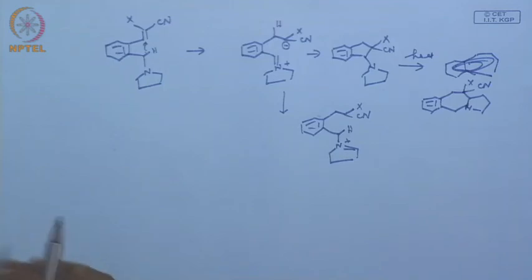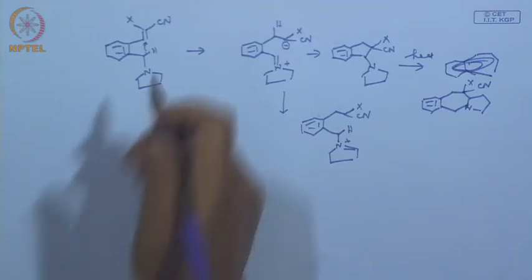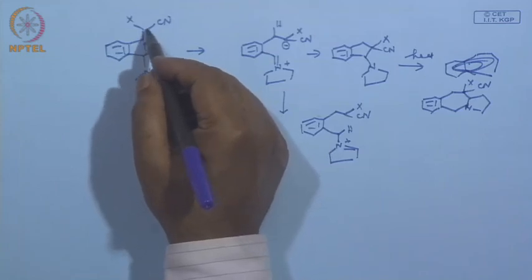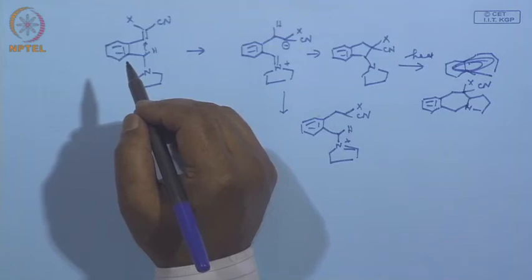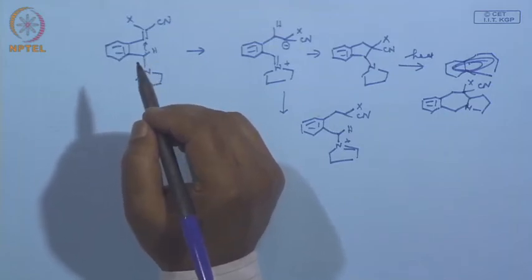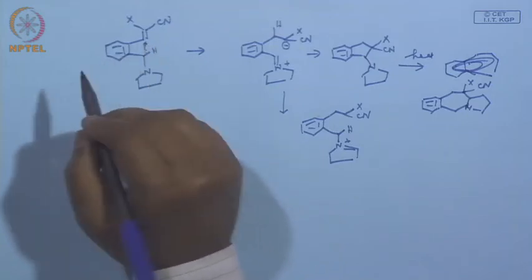So what else can you do? Let us say, very recently in 2009, again in Jack's paper, instead of the carbon-carbon double bond, they just formed the iminium salt. Just a primary amine instead of the tertiary amine.